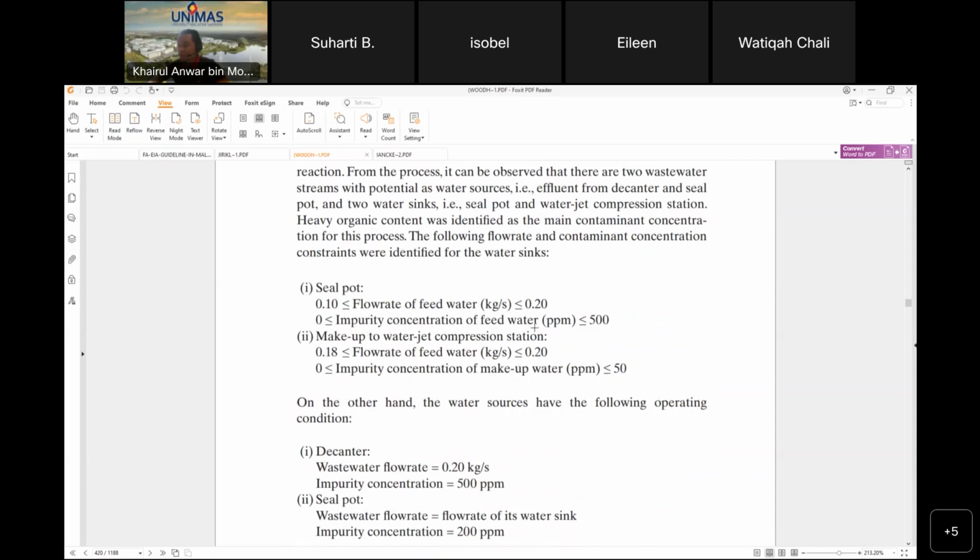Impurity concentration of feed water ppm from 0 to 500. Makeup to water jet compression. For the water jet shredding, the flow rate of feed water is 0.18 to 0.2. Impurity concentration of makeup water is 0 to 50 ppm.